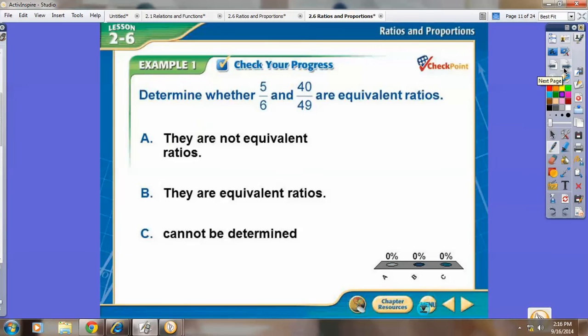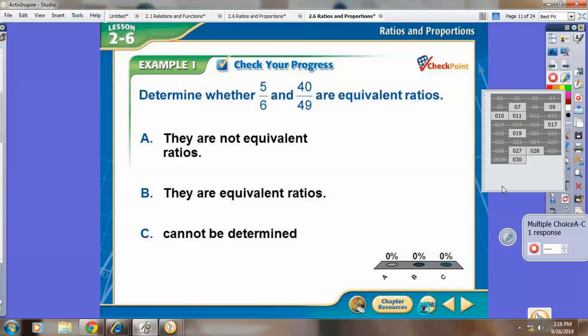Let's look at another example. Actually, this is a multiple choice one that you can use your clickers for. On your clickers, I want you to determine whether the two ratios are equivalent ratios. So in your notes, what you need to do is write example 2, copy down the two ratios, and determine whether they are equivalent or not.